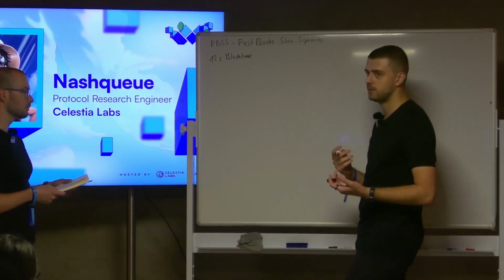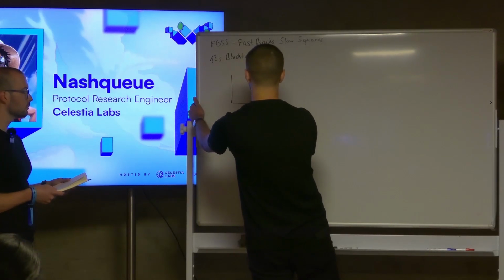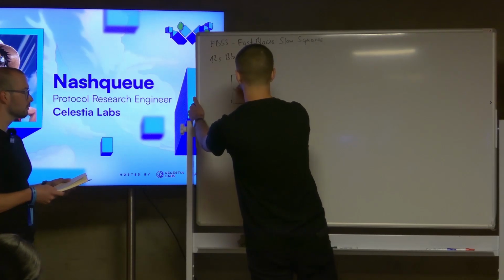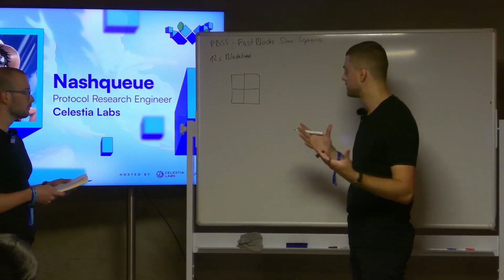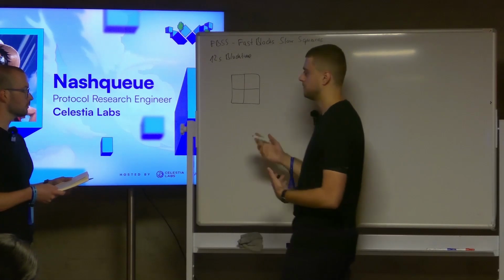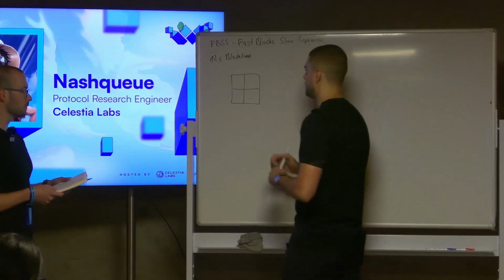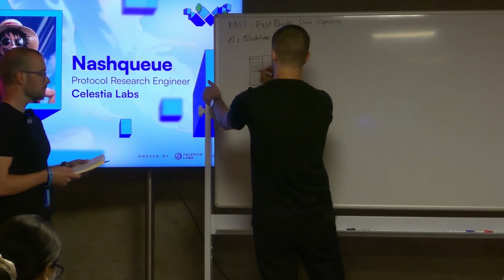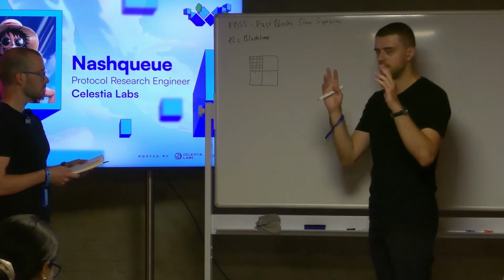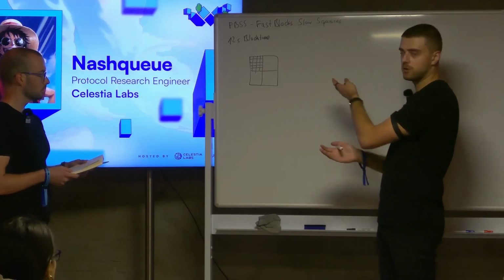The data structure that Celestia is committing over is a square. All the data that is put into Celestia is put in the upper left quadrant of the square. You can think of it as slots, and we call them shares.